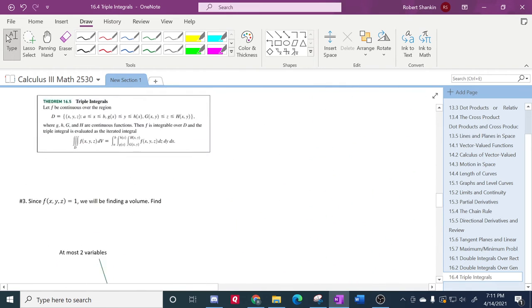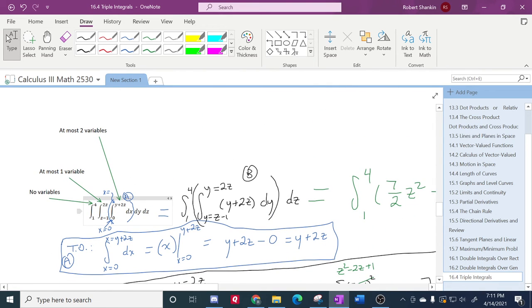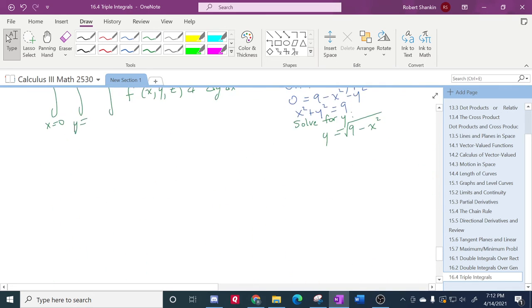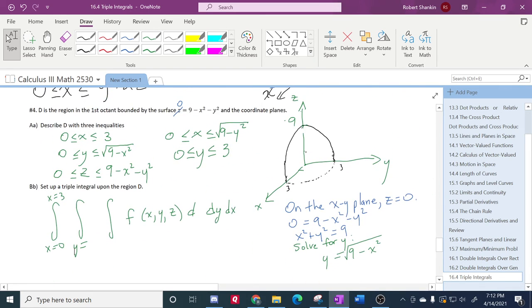Remember when I set this up here? The outermost can have no variables. The next one can have at most one variable. And then 2 variables for the inner one. So y going from 0 to the square root of 9 minus x squared. And then dz is the innermost.